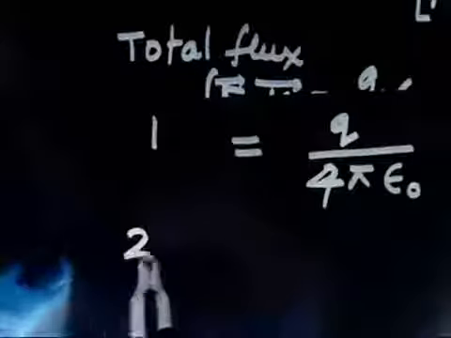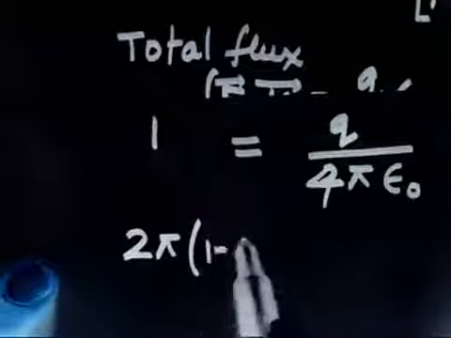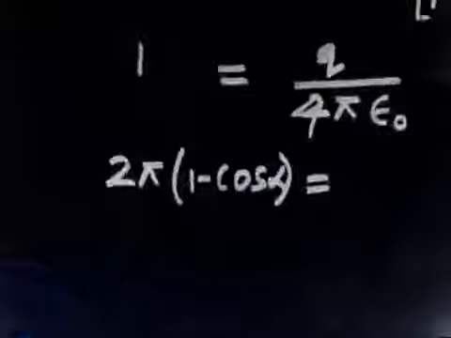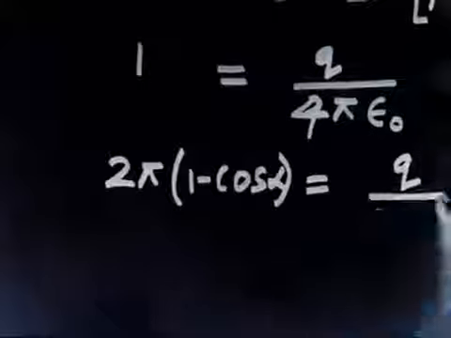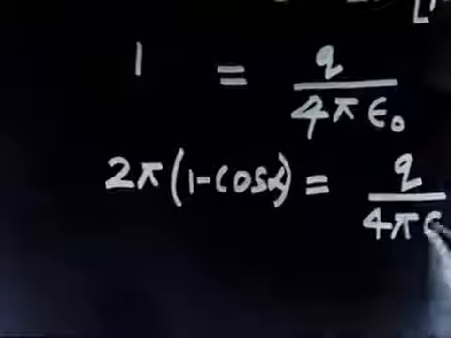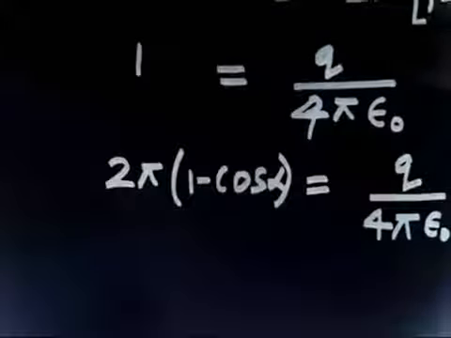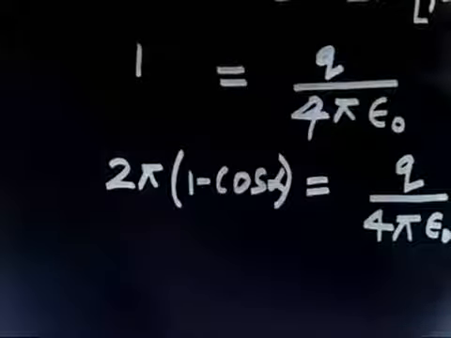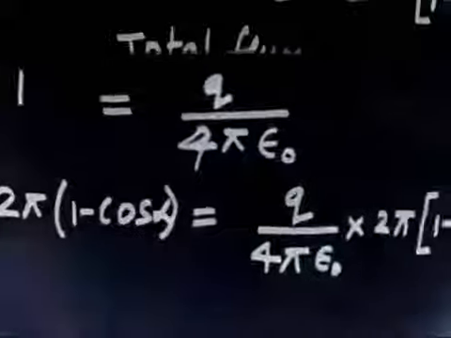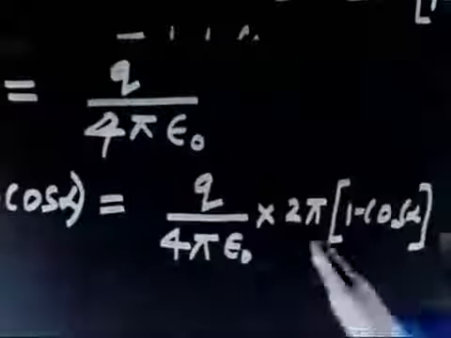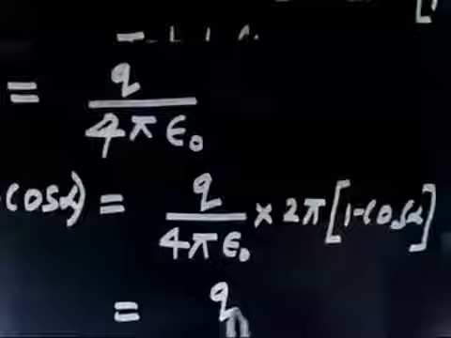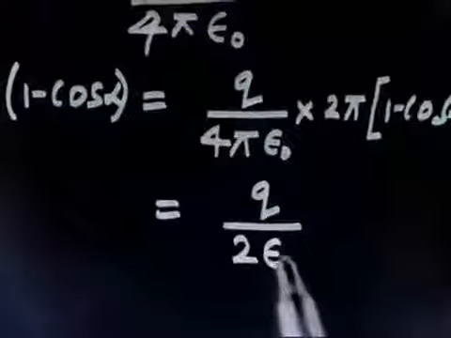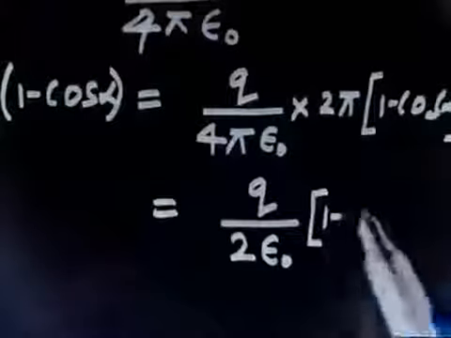When my solid angle is 2 pi (1 minus cos alpha), what will be the flux? It will be q by 4 pi epsilon naught into 2 pi (1 minus cos alpha). The 4 pi cancels, so we have q by 2 epsilon naught times (1 minus cos alpha).